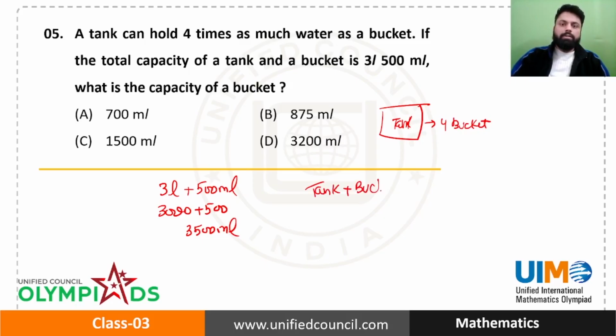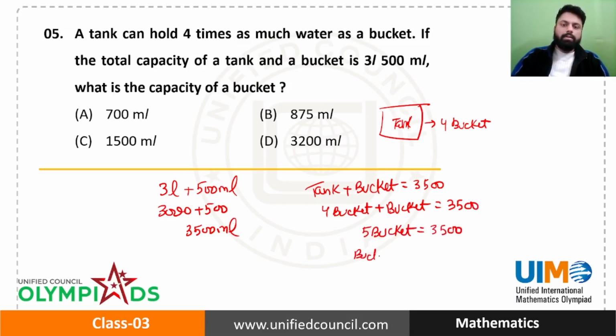Tank plus bucket is equal to 3500. 4 times of bucket plus bucket is equal to 3500. 5 times the capacity of a bucket is equal to 3500, or the capacity of a bucket is equal to 3500 divided by 5, that is equal to 700 ml.